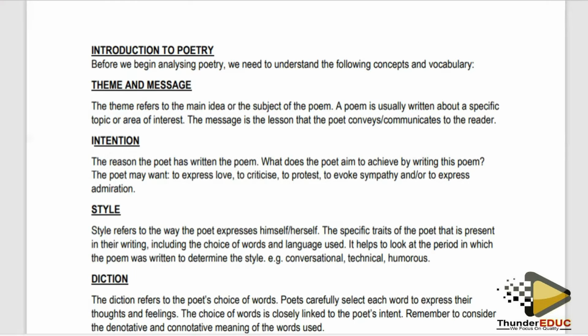And when we're talking about the message, it is what is it trying to say to us? So that's what we call the theme and the message. The theme is derived from the content. It can't be the stanzas, can't be the lines, but definitely we must have an idea, either an overall idea or an underlying idea. It may be hidden, but it can be very clear. So we must be able to extract it and know it very well.